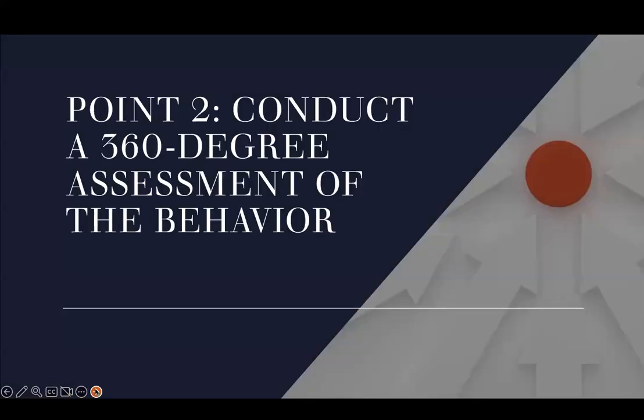So the second point is, now we've identified the behavior change. Now point 3 is, well, what do we do? How do we actually create a 360-degree assessment, or how can we conduct it? That's where I want to briefly introduce you to this tool that I call the Financial Behavioral SWOT, or FB-SWOT.